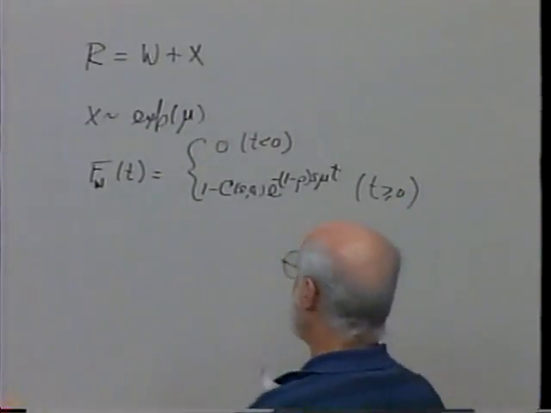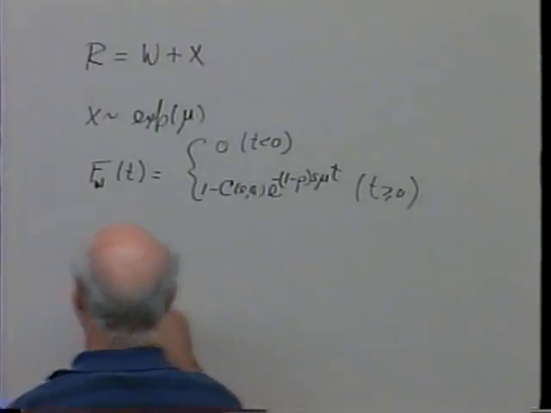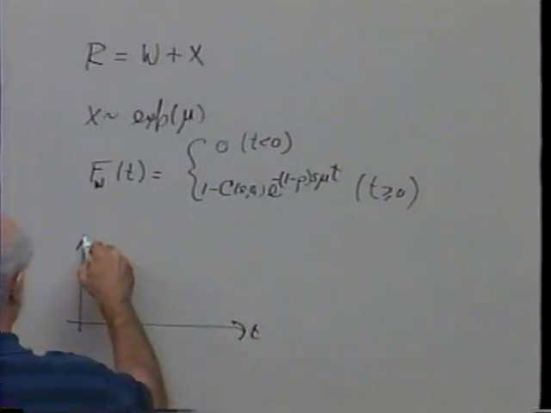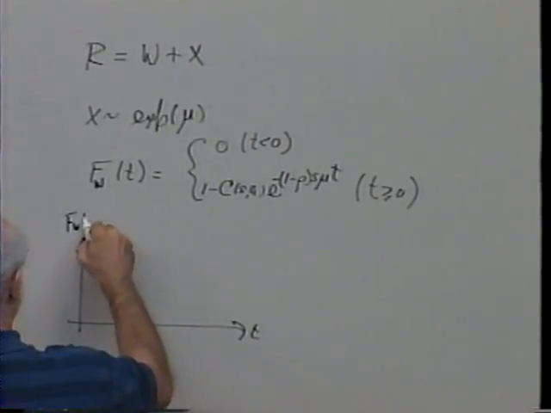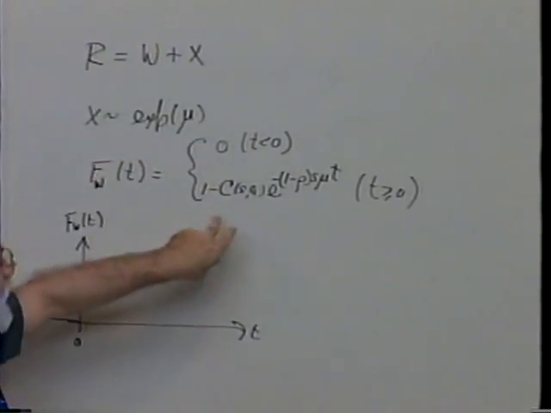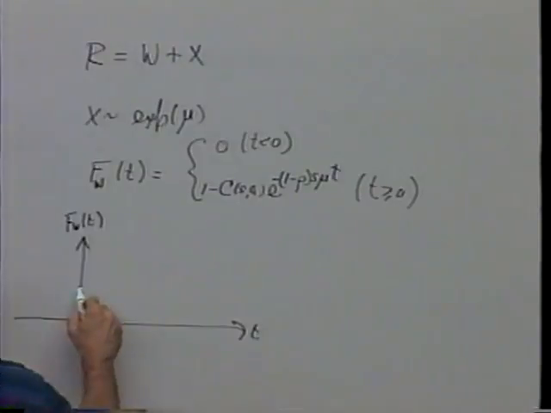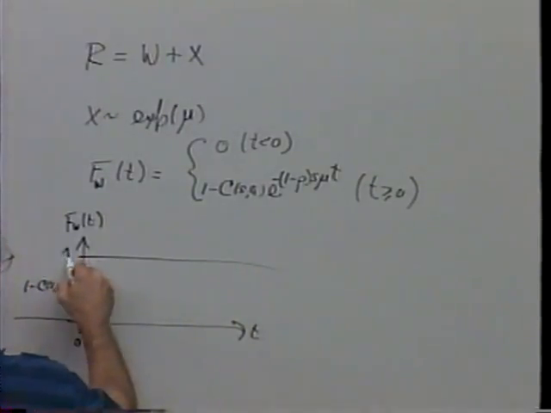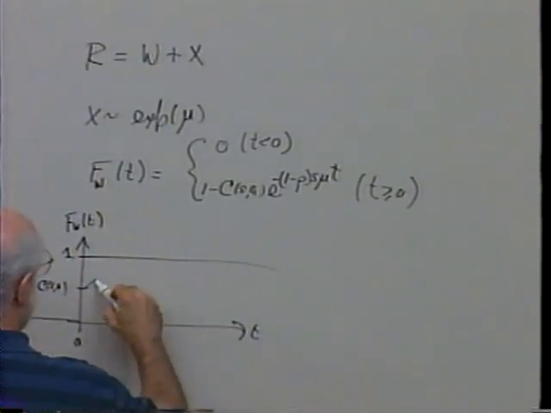So if you draw the picture of the distribution function of W, it looks like this. Here's t, and here is the distribution function of W at t. It's 0 for t negative. Then as you cross through the origin, the function has a discontinuity, and it jumps by an amount equal to 1 minus C of S, A. If that's the value 1, then the graph looks like this.